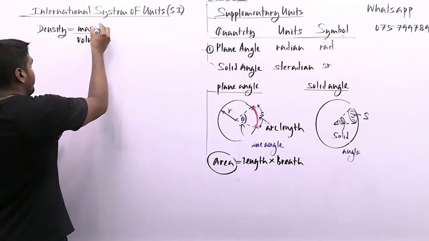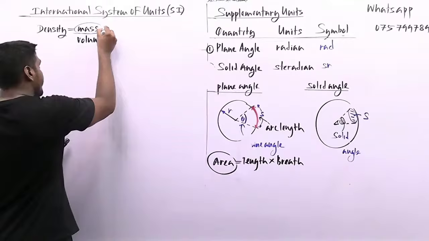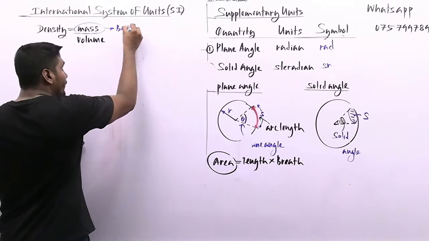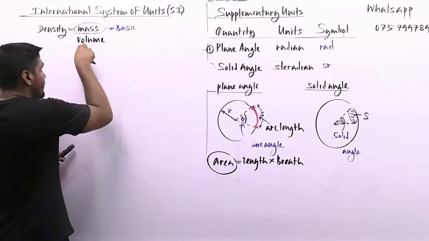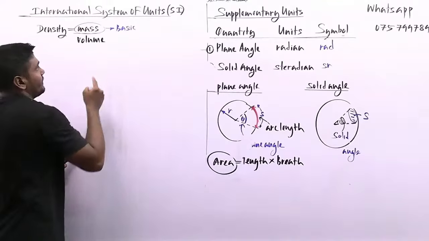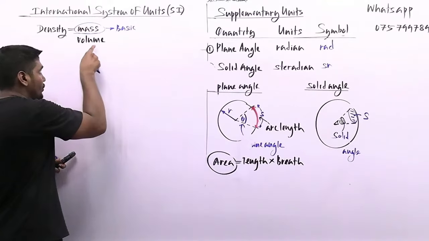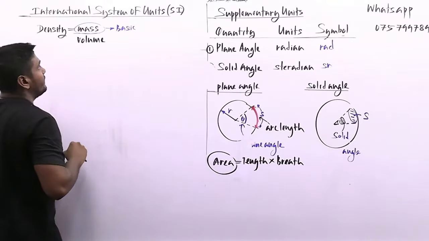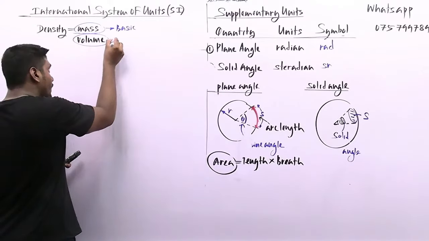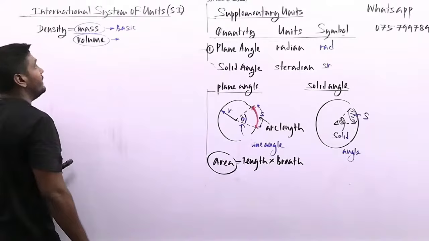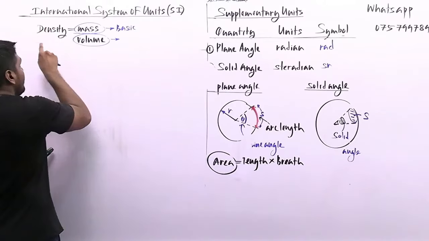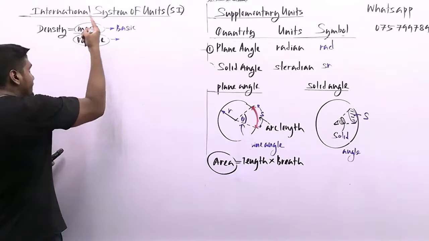Just now we learned volume is also derived from basic quantities. Volume means length into width into height. Then density must be a derived physical quantity from the basic quantities.